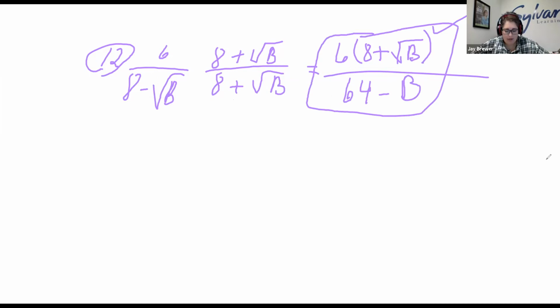Number 13, you will get a significant bonus if you can work through the check. Okay, so we get the square root of 6x minus 7.